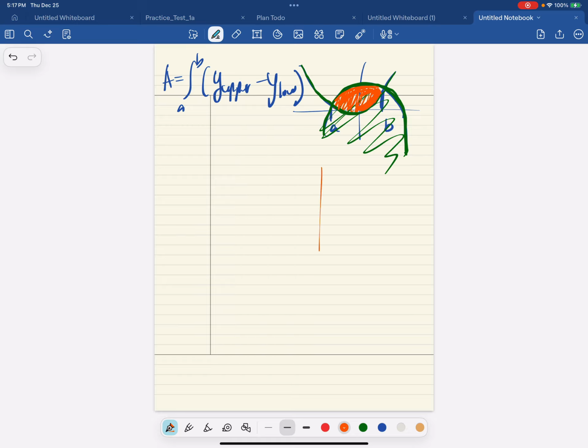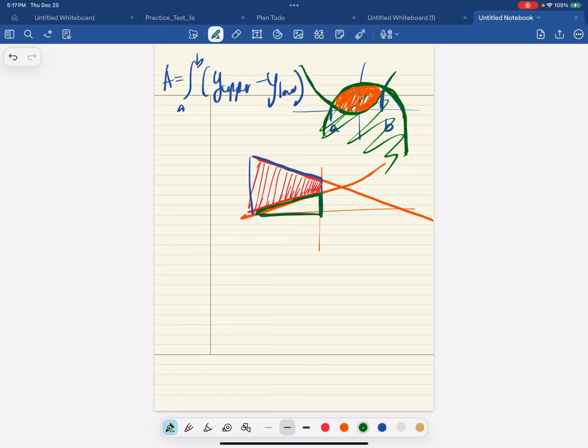Simpler one, let's say we have two functions like this. If you want to know the area in between the two functions of this region here, we first have the upper function, its area, so its total area right here. Take away the lower function area. So what happens if we take that away?